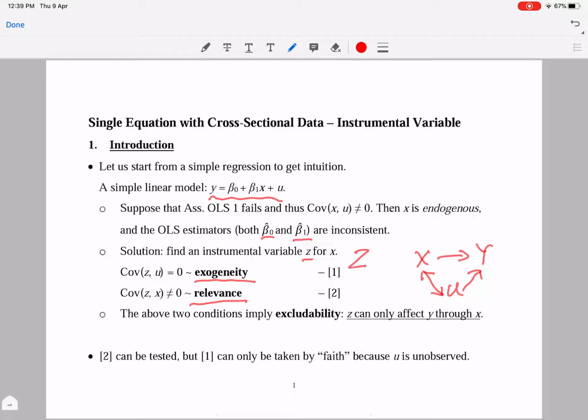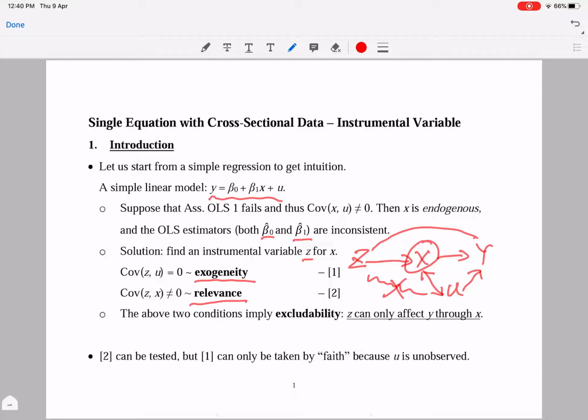If we have an instrumental variable that is uncorrelated with u, so there's no correlation here, but it affects x, then we know z affects y only through x, right? So that's why we say the two conditions imply excludability.